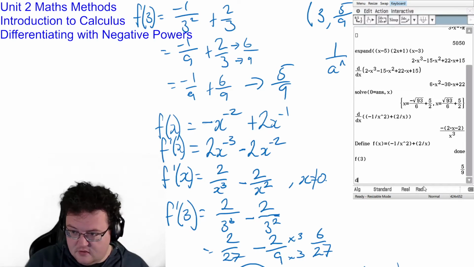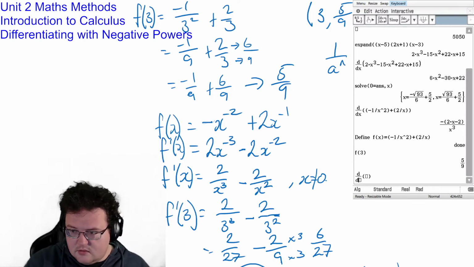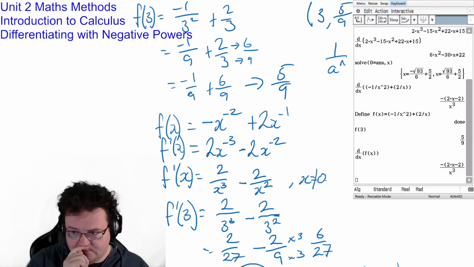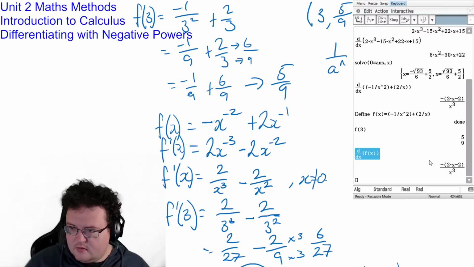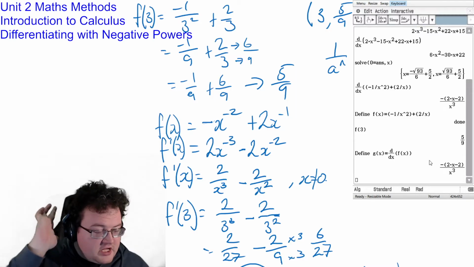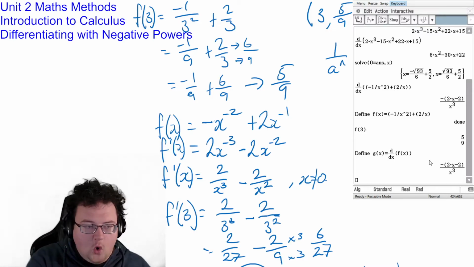And now I have d/dx of f of x, which is still that. What I'm going to do is go back up and define it so that g of x is always the derivative of f of x.